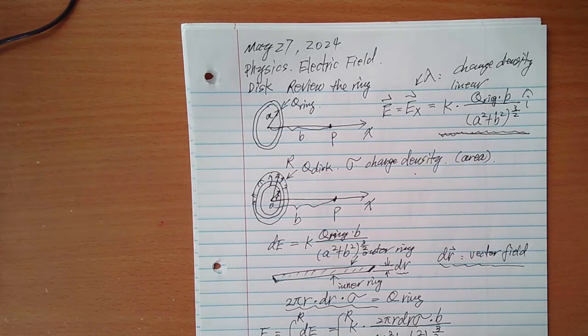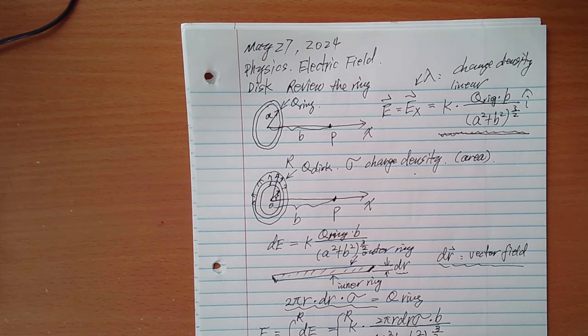to the 3/2. Okay. Now we let u squared equal to r squared plus b squared. And then du, no, not u squared, just the u. And then du will be d of this, right?